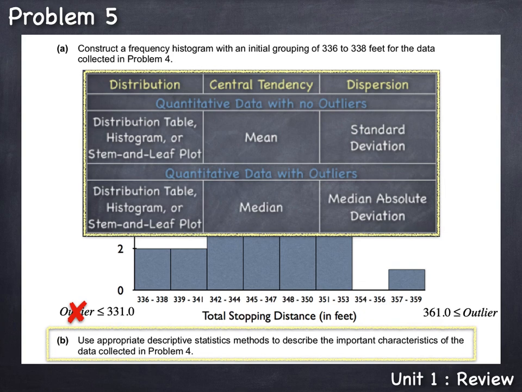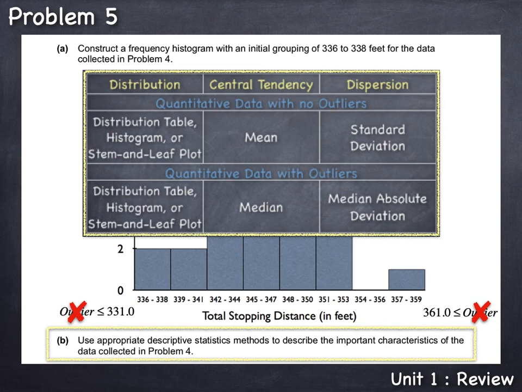The histogram ranges to a high of 359 feet, and we could see that none of the data go past 359. And so that means none of the data fall 361 feet or higher, which would be an outlier in the above average area. So we have no outliers on the low side and no outliers on the high side.